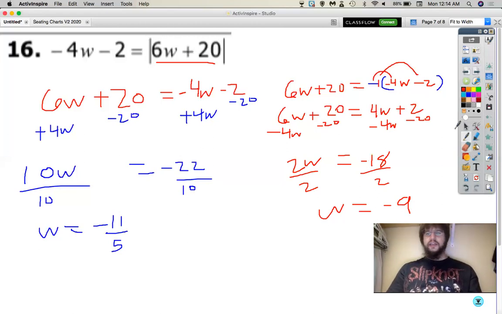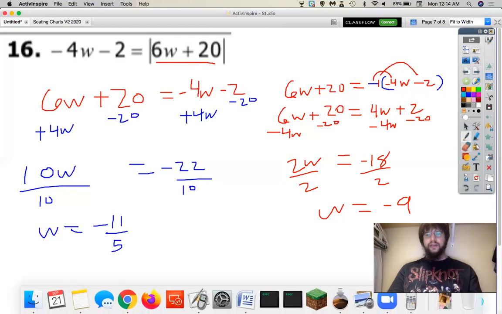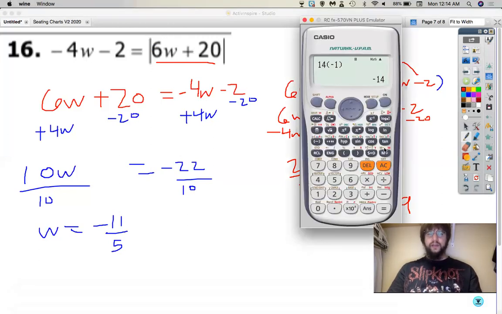In this case, it's a good bit of stuff to type in. So I'm going to go ahead and write down my left side and my right side and make sure they equal. I'm going to plug it in my calculator. Fractions, bunch of stuff to type in. Use the calculator. Negative 4, plug it into something, so stick it in parentheses.